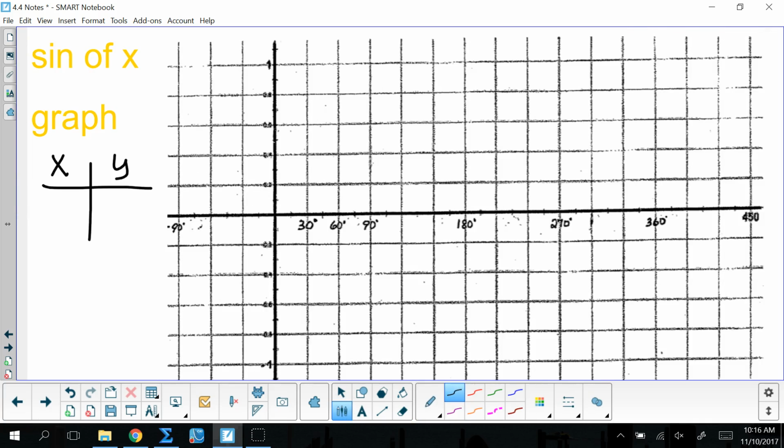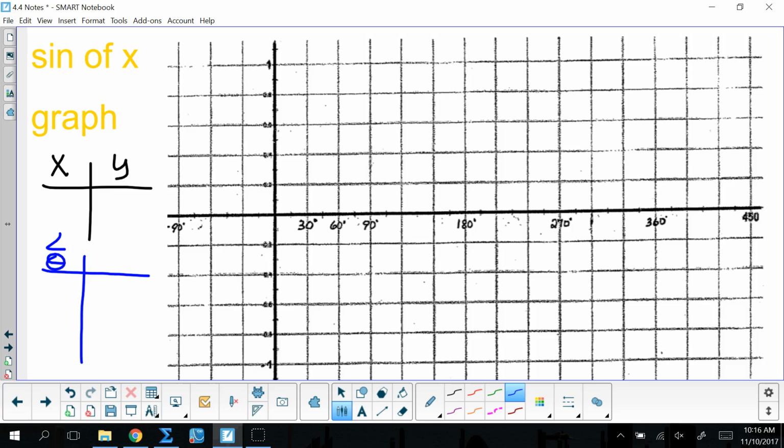Today, our XY chart, or our T-chart, if you will, is going to be with an angle as our input. So we're going to have a theta, in degrees or in radians or whatever you want it to be in, as your input.